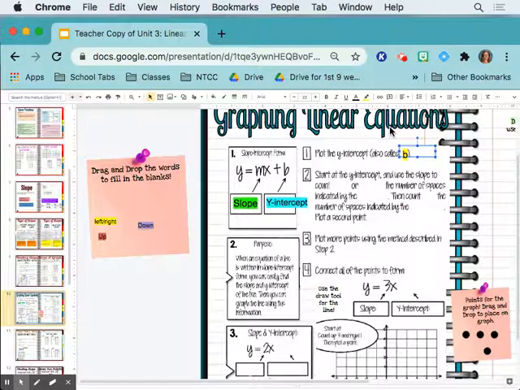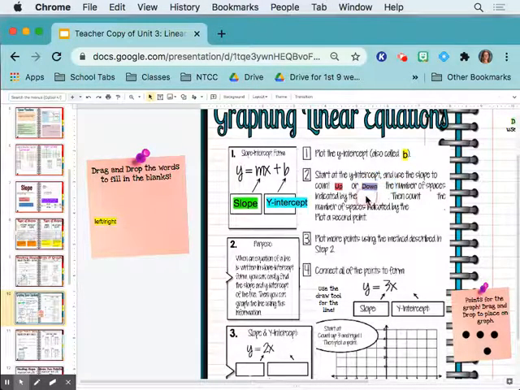I'll highlight it. Start the y-intercept and use the slope to count up or down. So you do the up or down first. So that's your rise or run. Your rise. The number of spaces indicated by the rise. I guess we got to add that one.